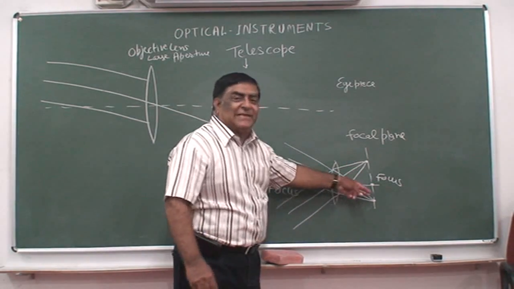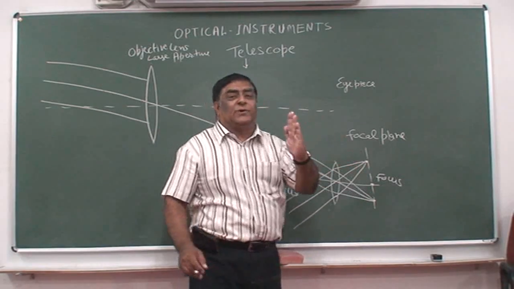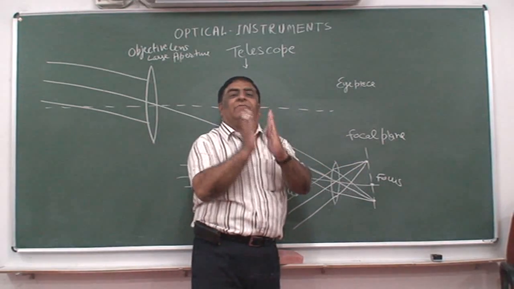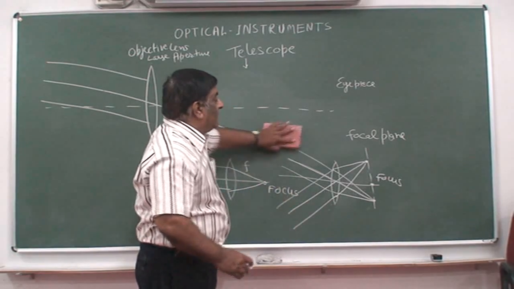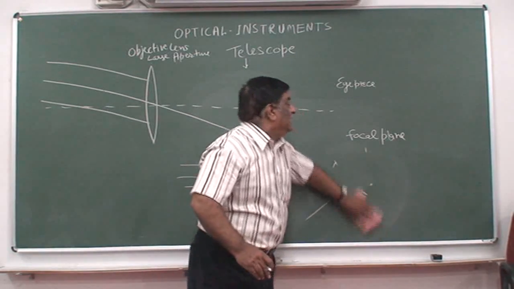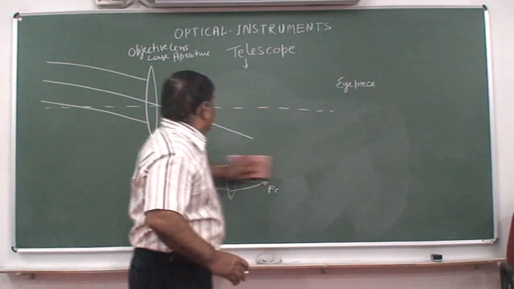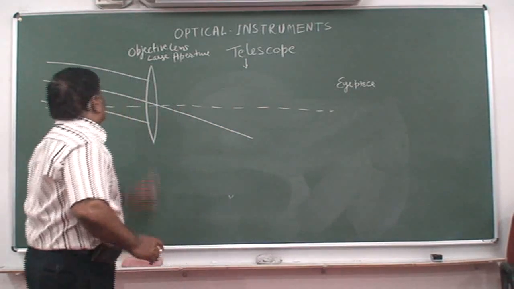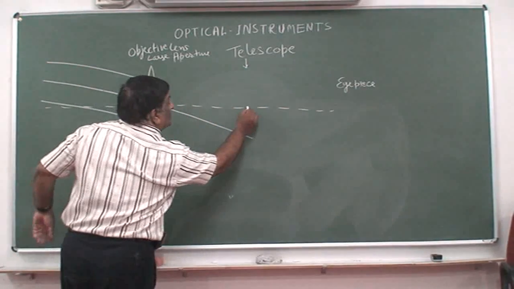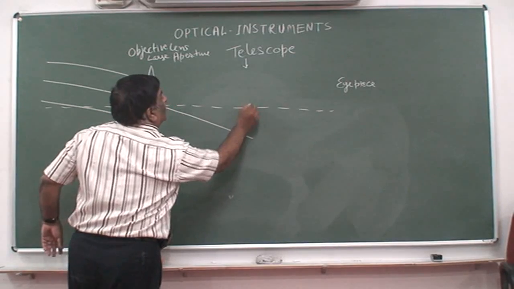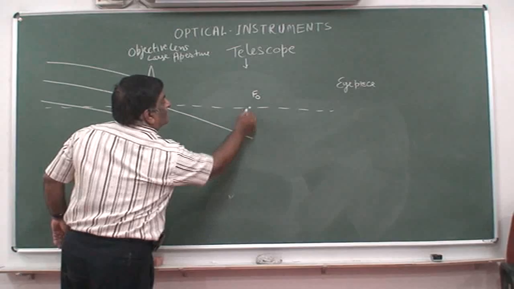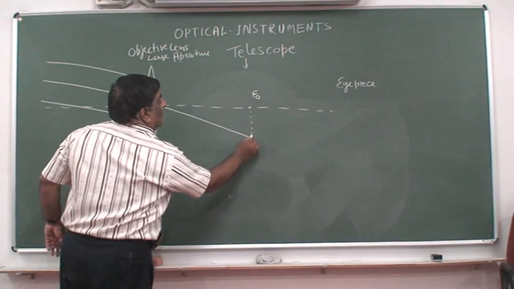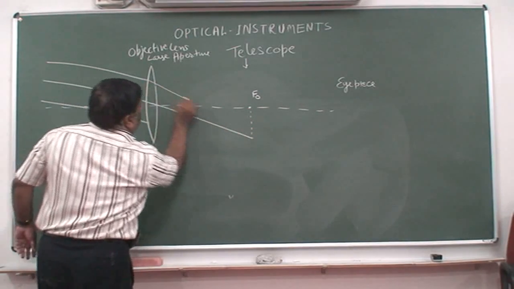Otherwise, with the same distance, all the points put together become a plane and we call it the focal plane. So the rays coming parallel from any direction will meet at the focal plane. The same thing happens here. These rays coming here, if here is the focus, this is the focus of the objective. And here these rays will meet.